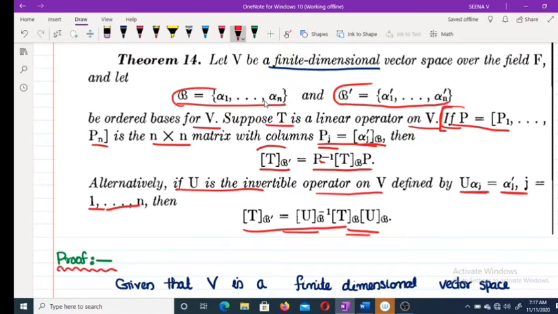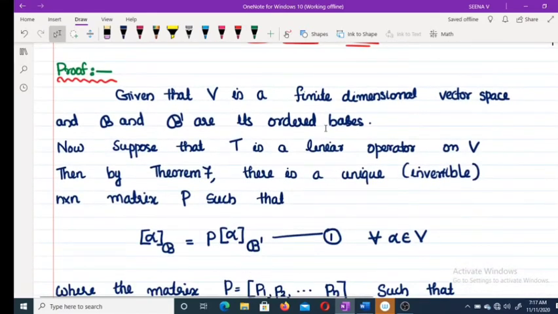Given any matrix P, and B equal to alpha 1, alpha 2, etc., alpha n, and B dash equal to alpha 1 dash, etc., alpha n dash, then there exists a matrix P satisfying some condition. We have already discussed that. So we'll move to the proof.